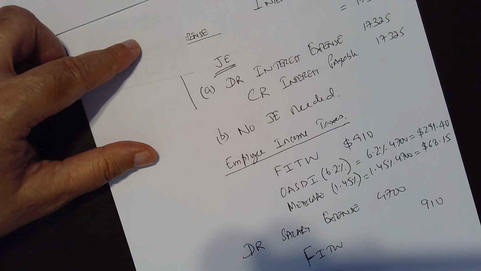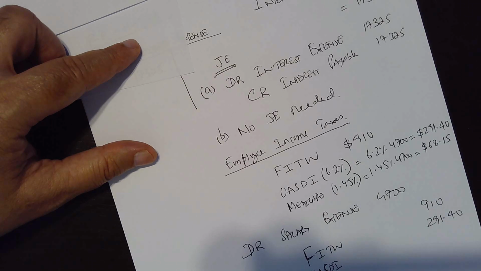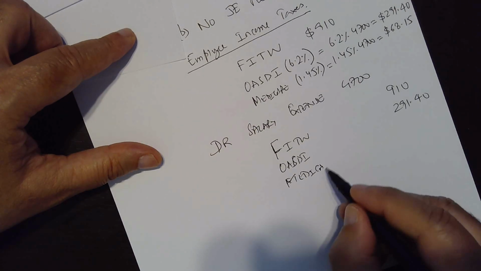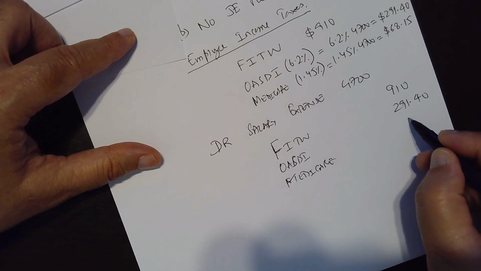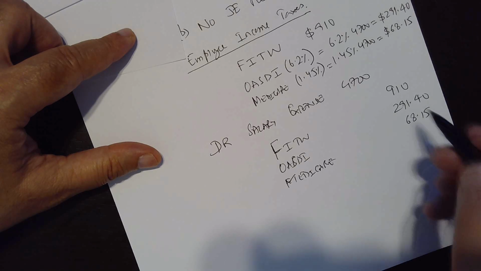We have OASDI, which is $291.40, and we have FICA Medicare, which is $68.15. Okay, so how much should be the salary payable besides these?